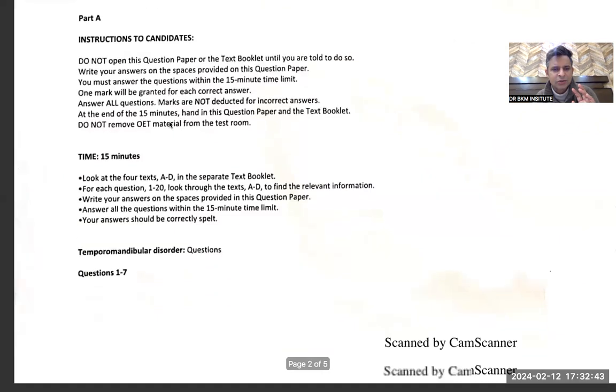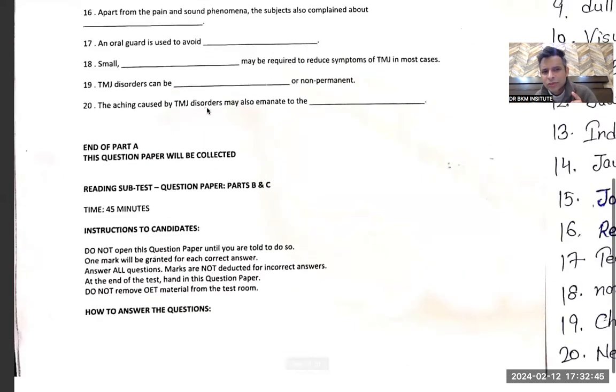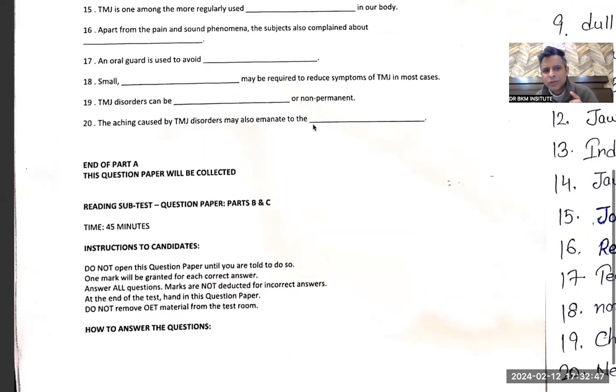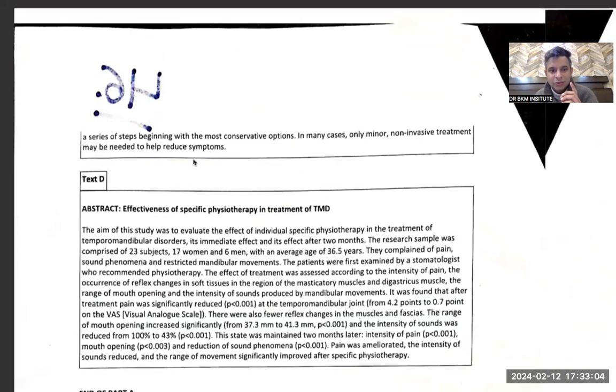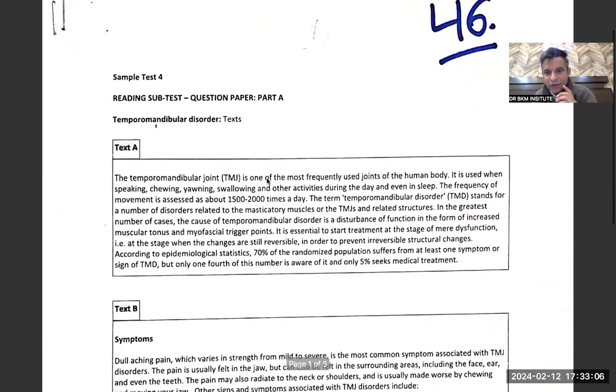And now do the last question. Let's do the aching caused by the TMJ may also emanate to the, now this is a tough word, emanate. But again, please look at other words you have. Aching caused by TMJ may. Notice this grammar. When you do not understand the main word, either this word should be given, then it's easy. Aching caused by TMJ, I have to find the word ache.